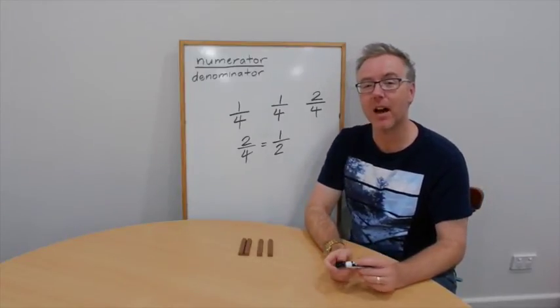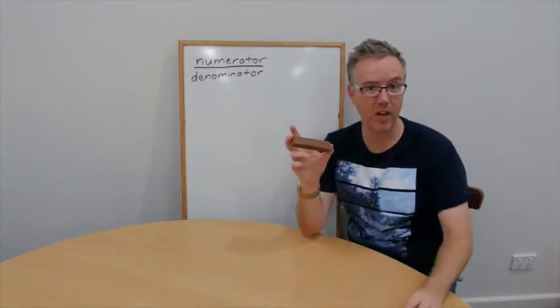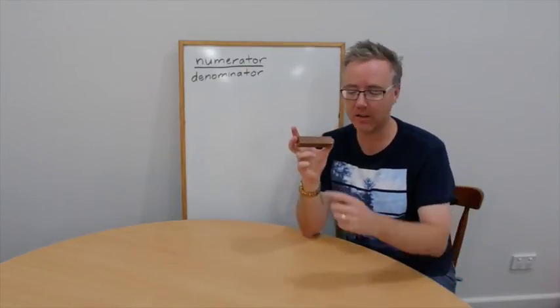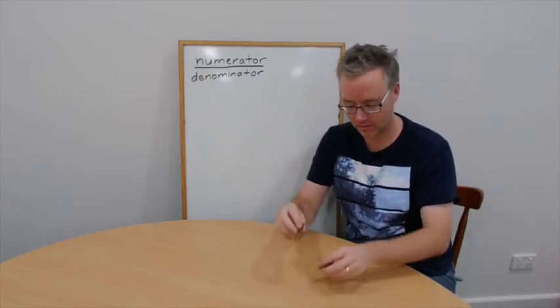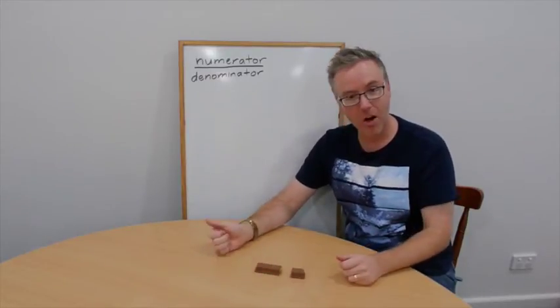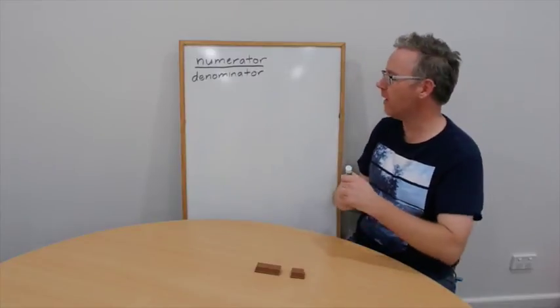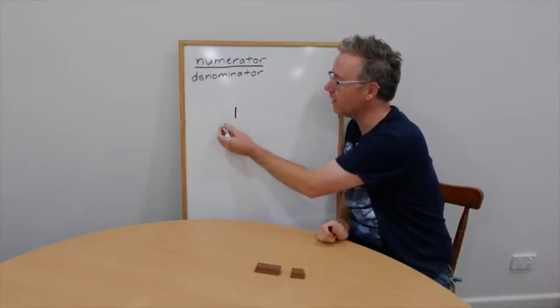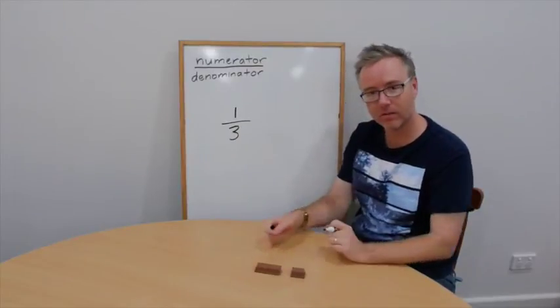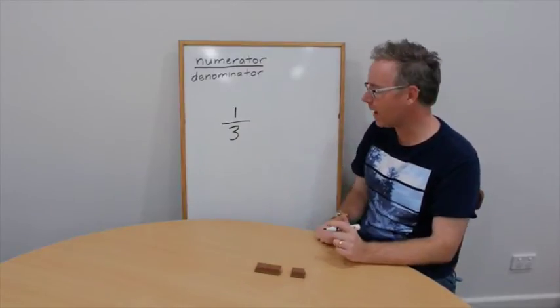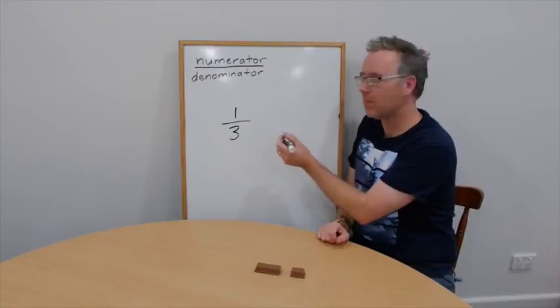Let's have a look at some other fractions. This chunky Kit Kat is broken up into 3 equal parts. I'm actually going to keep 1/3 for me, one of the total 3 parts of the whole. These 2 parts, I'm actually going to give away to my friend.